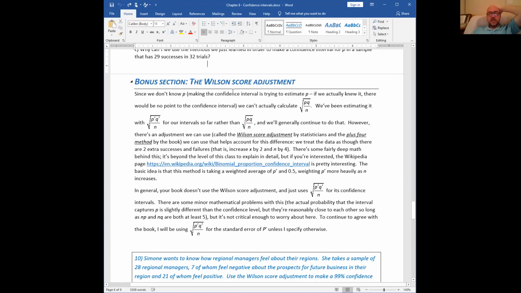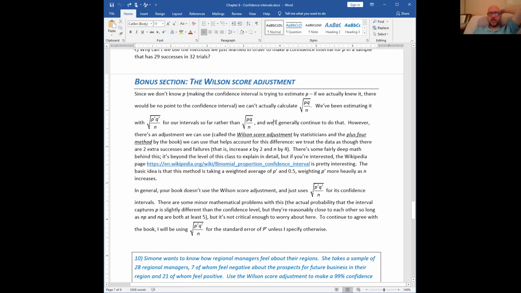We don't know p, right? The confidence interval that we're making is attempting to estimate p, so we don't actually know it. So we can't actually calculate pq over n. So instead we've been approximating it with p'q' over n rather than pq over n. And in general, we're going to keep doing that.